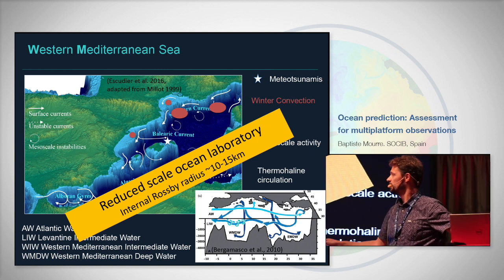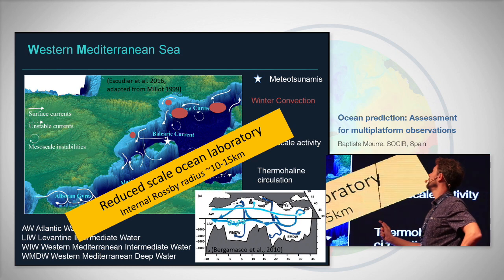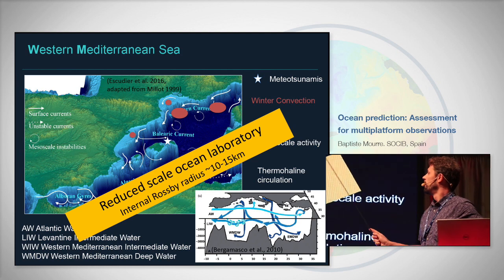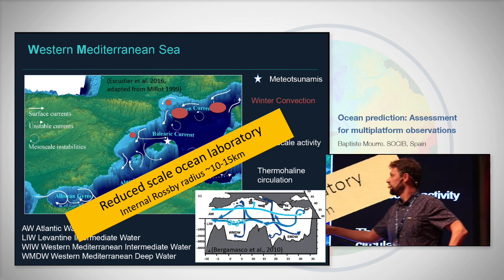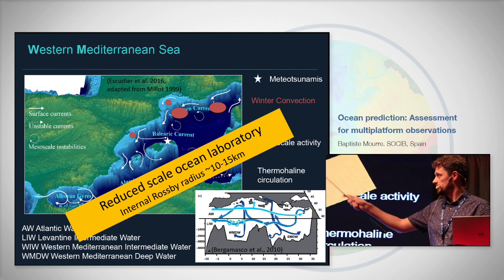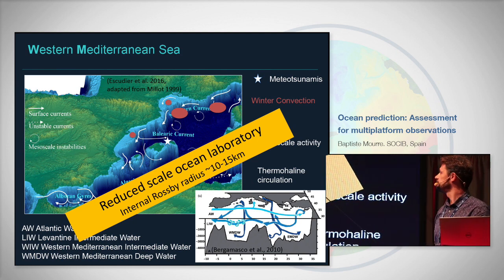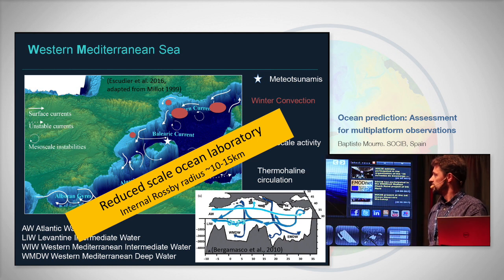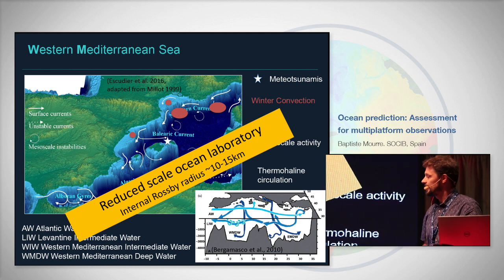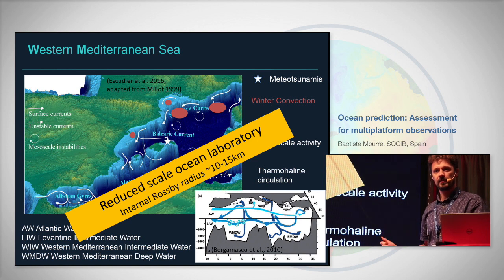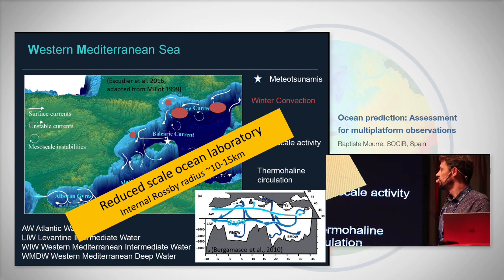Another particularity we have here is the occurrence of meteotsunamis in Ciutadella, and in Mallorca, just 60 kilometers from here. So that's what we would like to address with the oceanography observing and forecasting system here in the Balearic Islands.